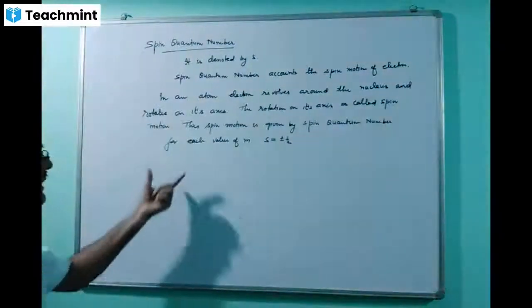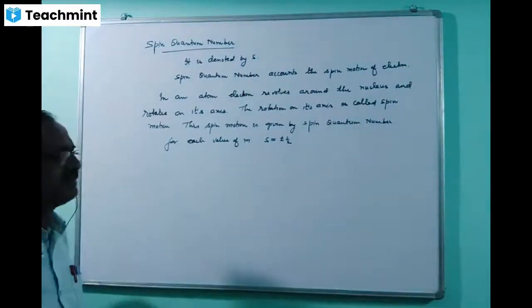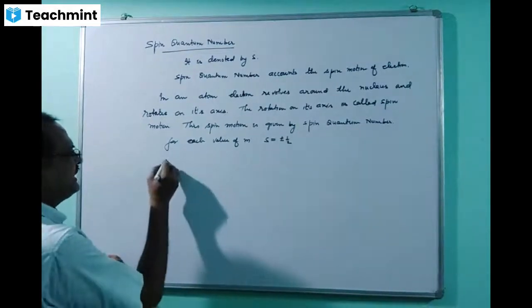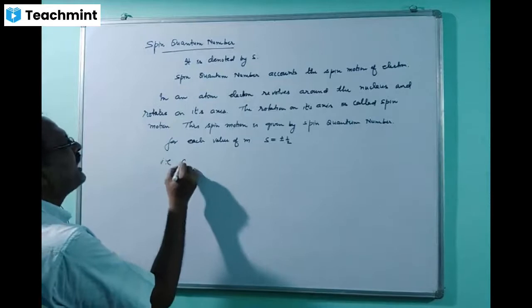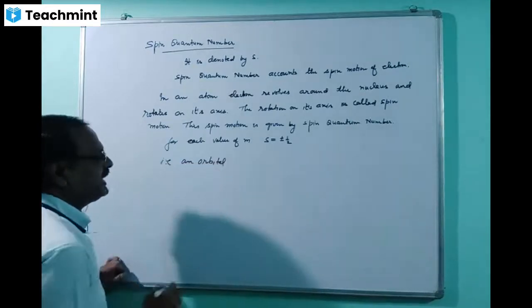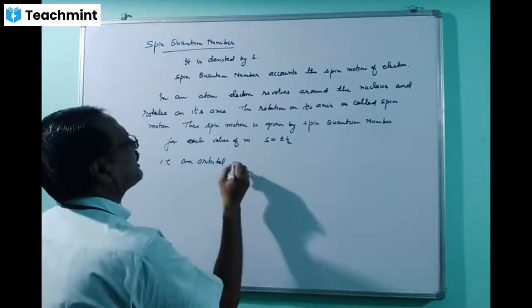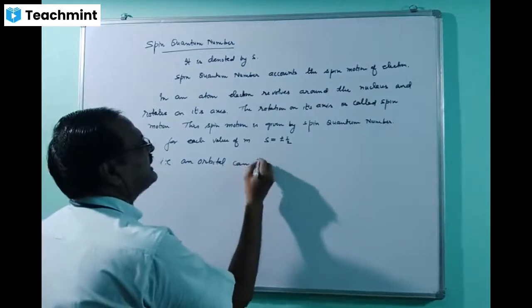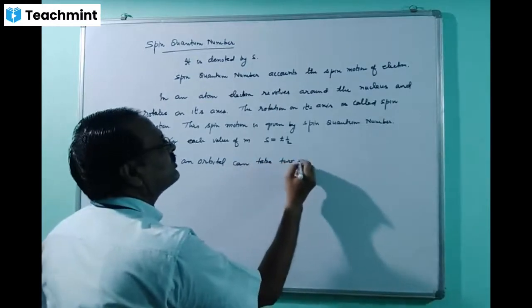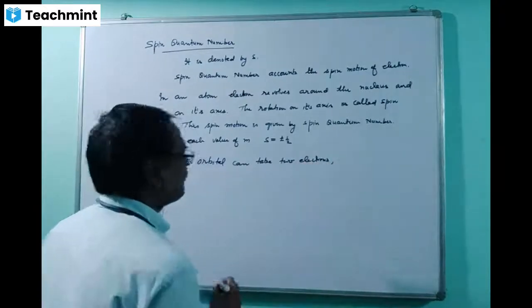So what I have written, for each value of m, s is equal to plus minus half. It means that an orbital can take two electrons.